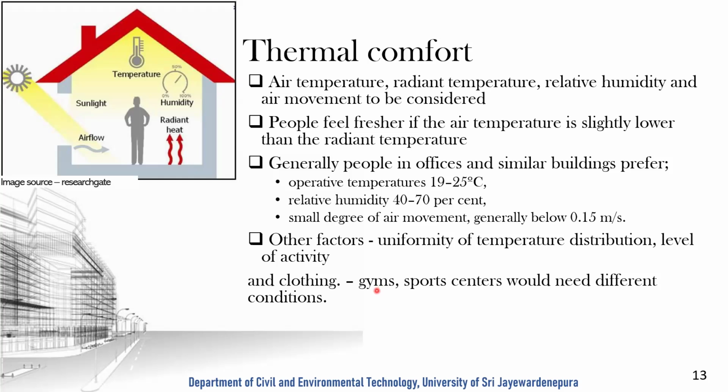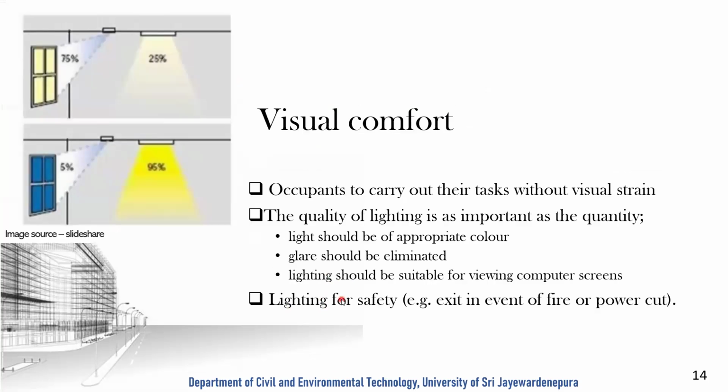But for an office building, a government office, there is not much activity. People mostly sit at desks, and the public comes and goes. So the activity is less, and therefore we should be able to maintain good circulation and air temperature. So that is about thermal comfort.